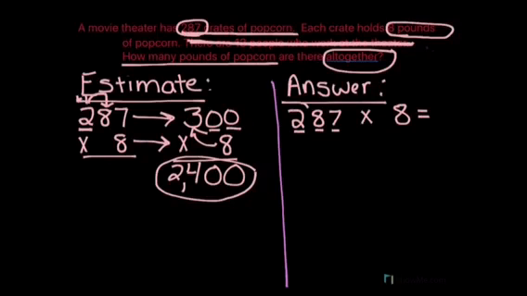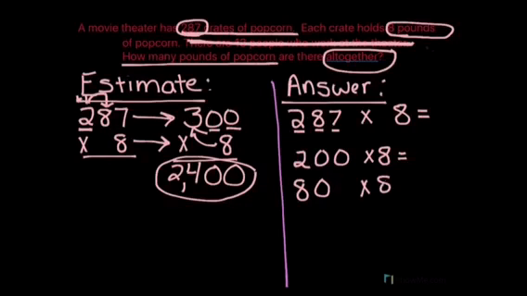First, I start with the 2. I know that is really not just 2, but 200 times 8. Then I move on to the 8, which is in the tens place, so it's really 80 times 8. And then I move on to the 7, which is in the ones place, so it is just 7.